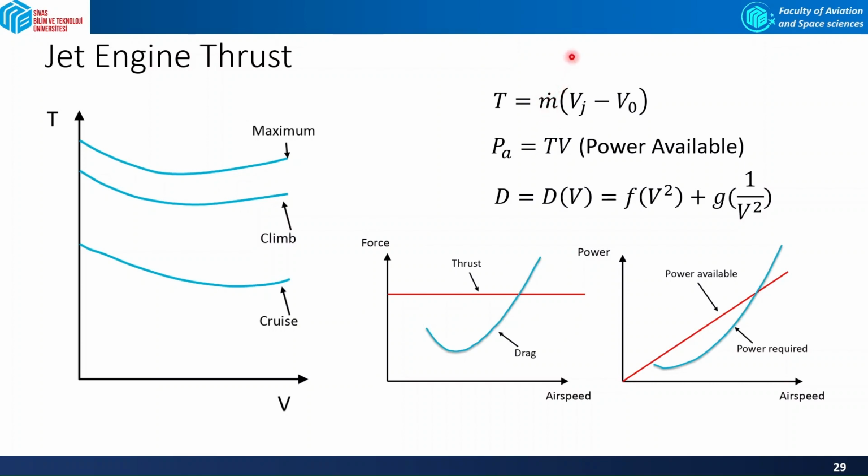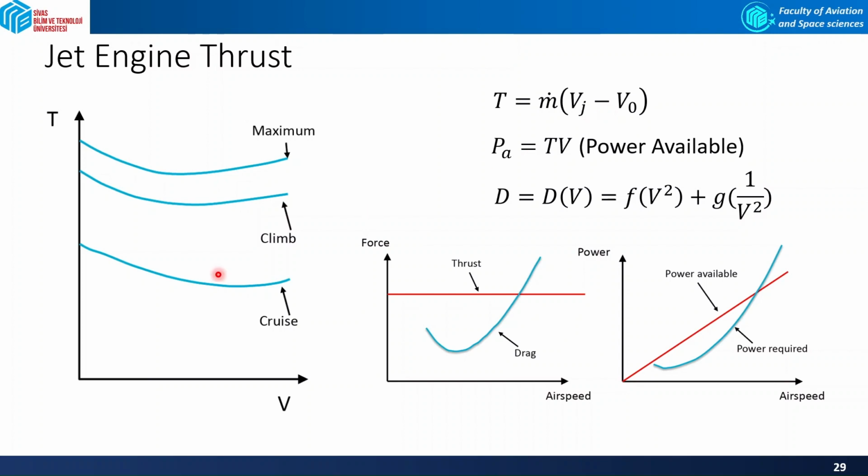So this one increases, this velocity difference decreases, and they can cancel each other. So the jet engine thrust will remain more or less constant as a function of airspeed, when all other variables, such as we said, throttle setting and the altitude the flight is happening at, are kept constant.